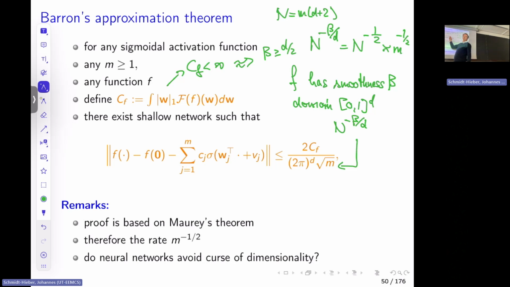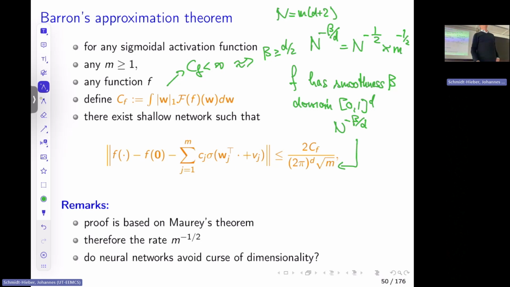And that means somehow you need a faster decay of the Fourier transform in order to have this, and faster decay means more smoothness on the function f. Because it's so implicit in there, you don't say this has smoothness, because now the smoothness grows with the dimension itself, right? So then we can overcome the curse of dimensionality. And so that's basically the rationale behind that.